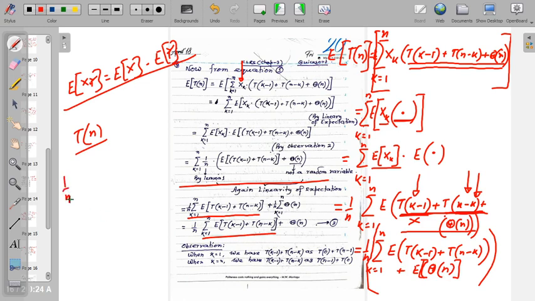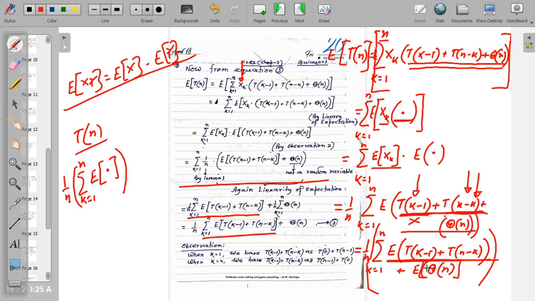This is 1 by n, sum over k equals 1 to n, of the expectation of this term. I am dissociating this term first; it will be treated separately.